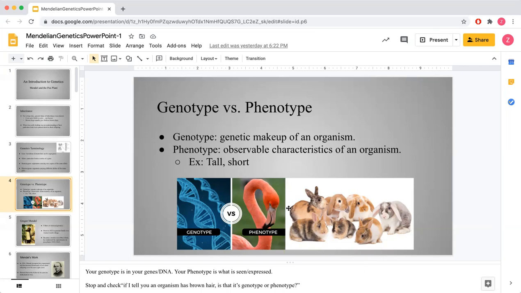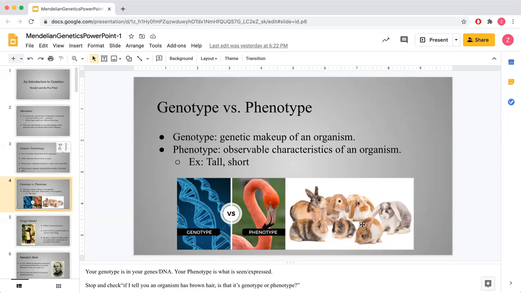Take, for example, the flamingo right here. You're seeing what its genes are dictating, what its genes are making for that organism. And look at these rabbits too. They're all rabbits, but they have different genotypes, which lead to different phenotypes. They have different appearances.